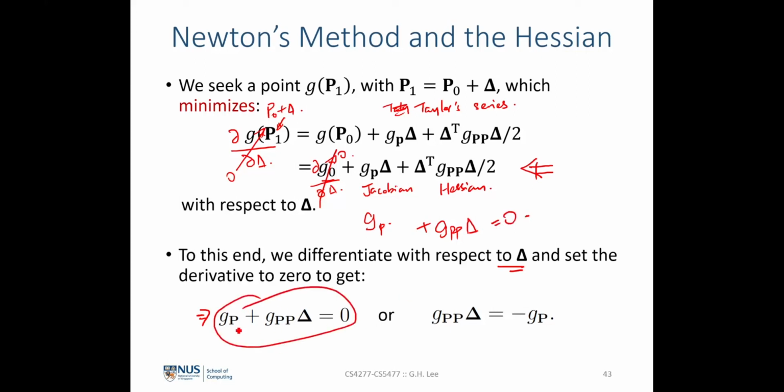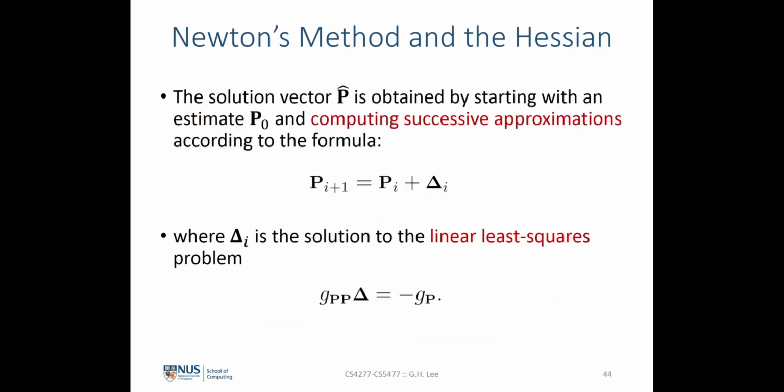We can shift gp over to the other side of the function to get this particular equation over here. And we can see that this equation that we have obtained earlier on is an inhomogeneous linear equation that is equivalent to Ax equals b, where we can solve for delta using the pseudo inverse or the inverse of GPP over here.